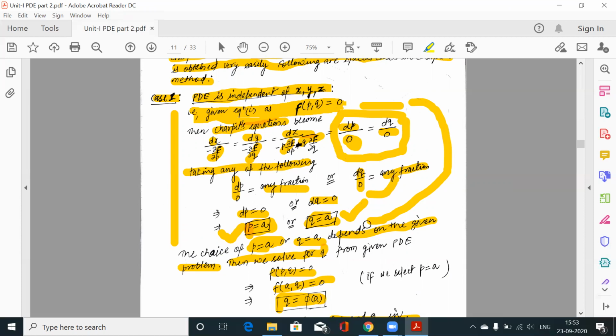So this is what you have to write. This is the use of that case 1 only. Otherwise the steps are similar to what we were doing in Charpit's method.